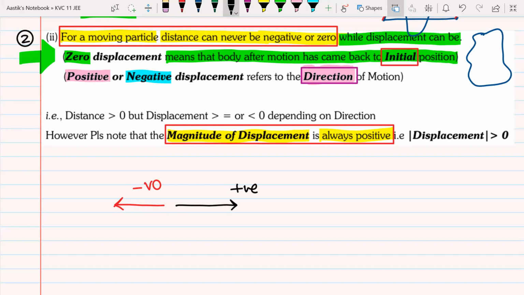I can call the red one positive also. If I call the red one positive, then the black one becomes negative. So positive and negative basically depend on which direction we are taking as positive. As a thumb rule, when I say thumb rule, what do I mean by a thumb rule?